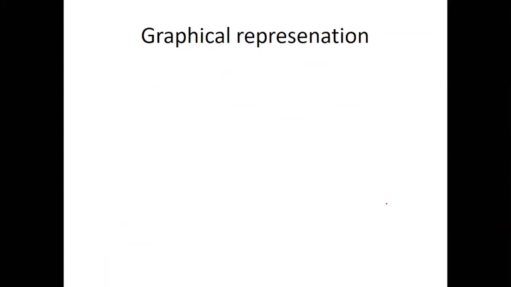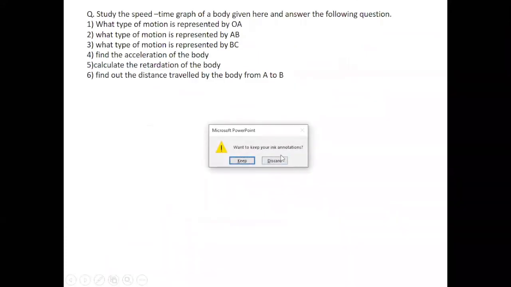Okay, now I'll give you the graphical representation.